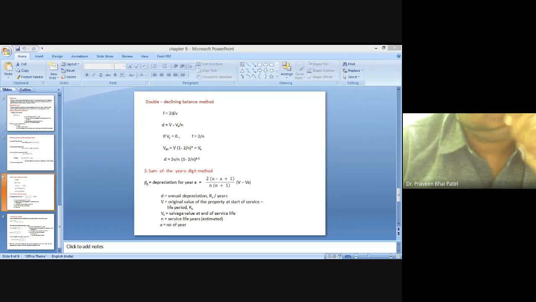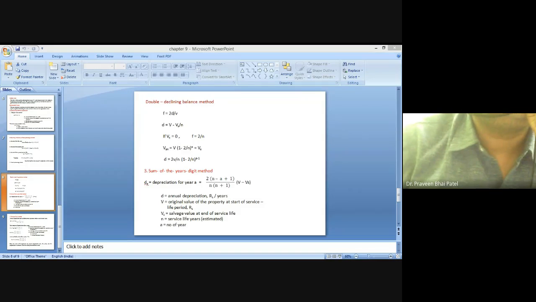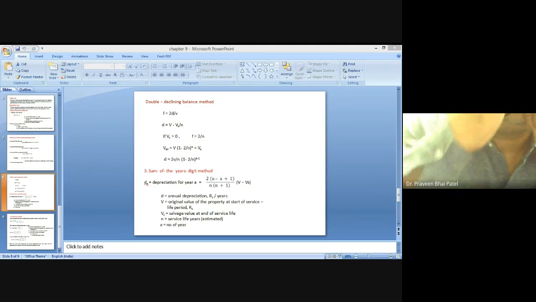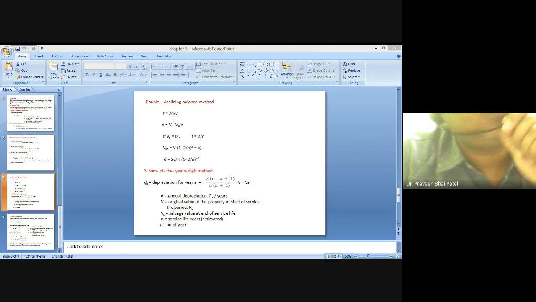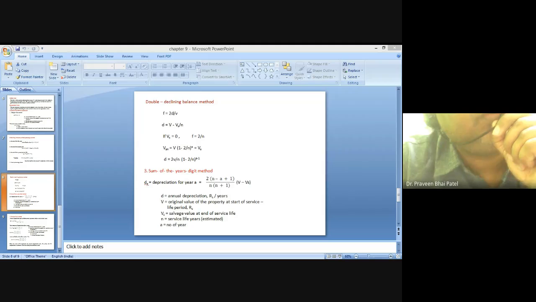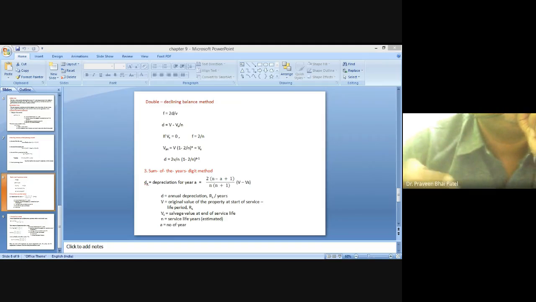In the second year it is 4,800, that is 20% of 24,000, because we have reduced 6,000. Again we have reduced the value, 20% of 19,800 rupees is 3,960 rupees. So slowly and slowly, as we move on, the value of depreciation is reducing.